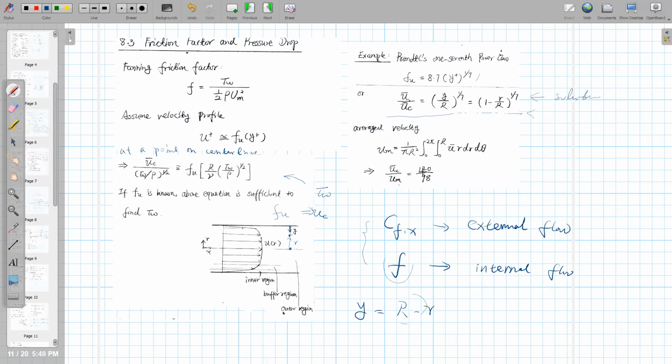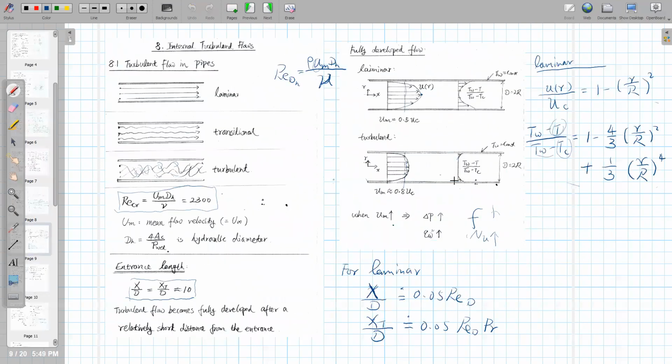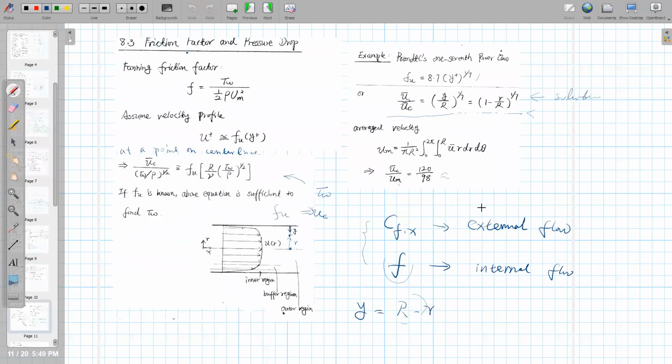You find that this is equal to 120 over 98, and this is an approximation we got here. That's why we see that U mean is approximately 0.8 of Uc. You can get it from here, because Um is 98 over 120 of Uc. So we got the correlation between the center line velocity and the mean velocity.